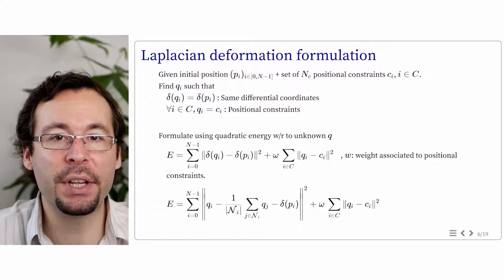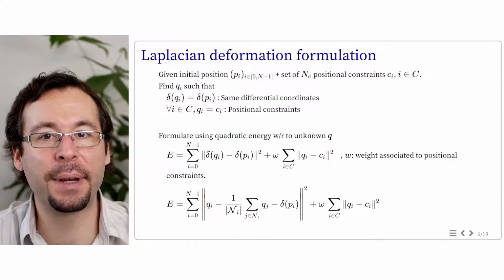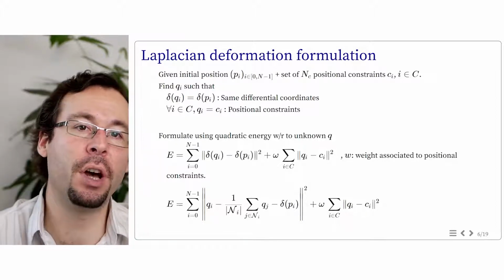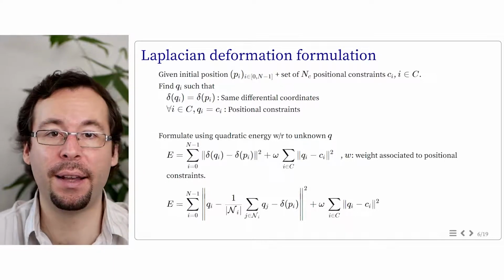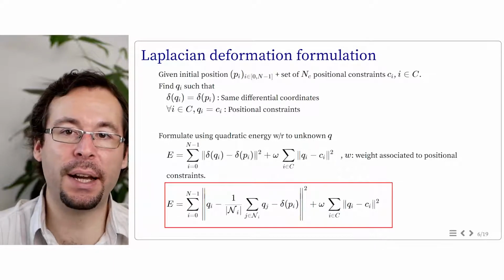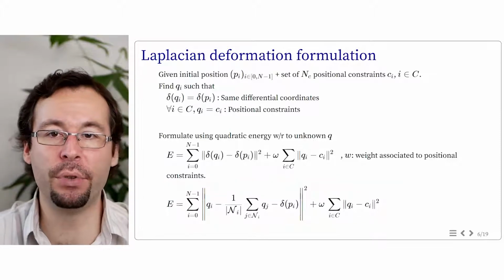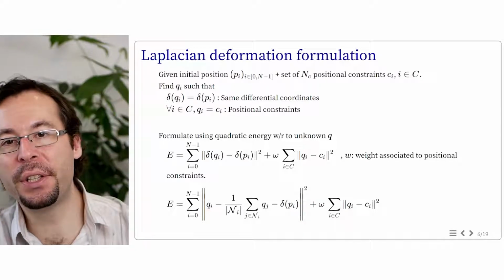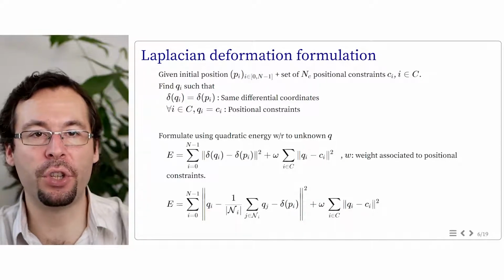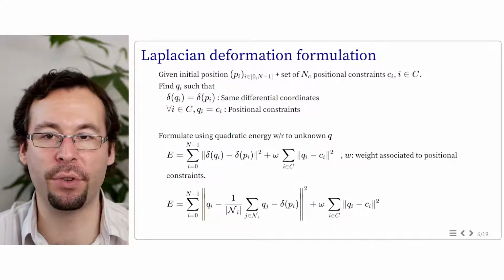And actually, the advantage of the Laplacian coordinates is that they are expressed linearly with respect to the unknown qi, as their weights don't depend on qi. Here I'm expanding the formula using the simple graph Laplacian weights, but we could also use the cotangent weights if we prefer. This energy is quadratic with respect to the unknown qi, so we can solve it efficiently using a least square solution.